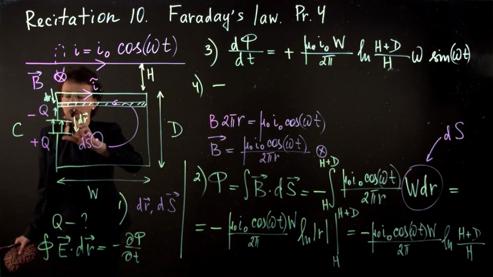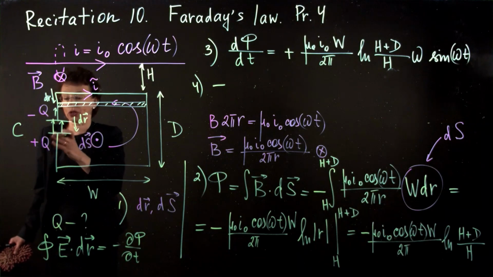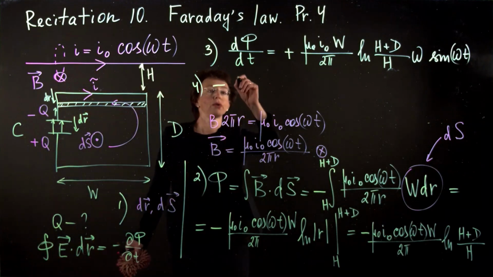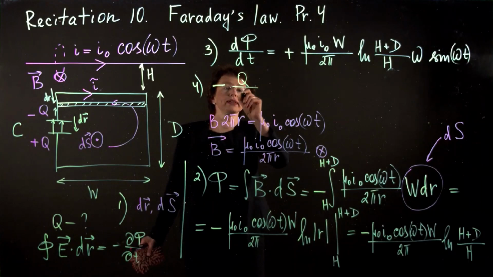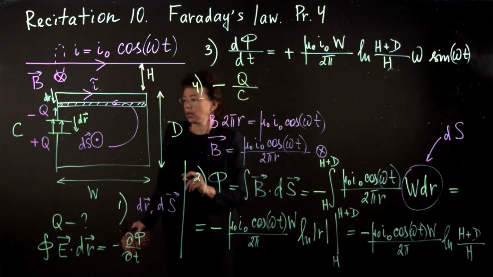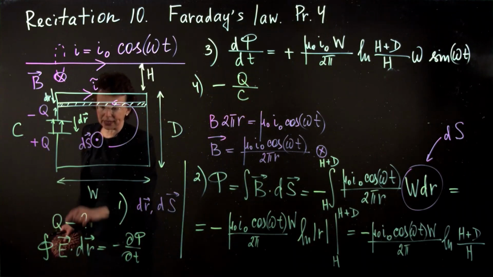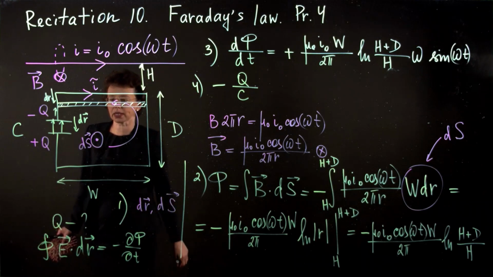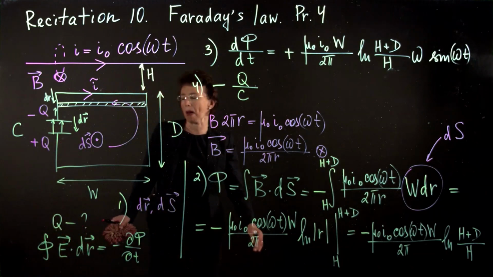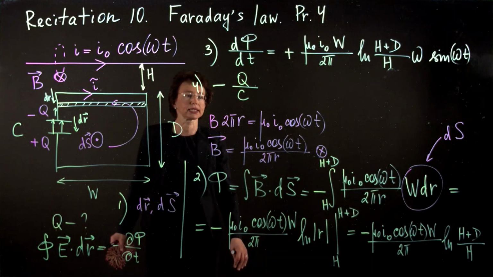What is the magnitude of this change? Magnitude of this change is Q over C. And we are done with the left-hand side of this equation. Since the resistance is 0, we have nothing else in this circuit except capacitance, and we neglect self-inductance.